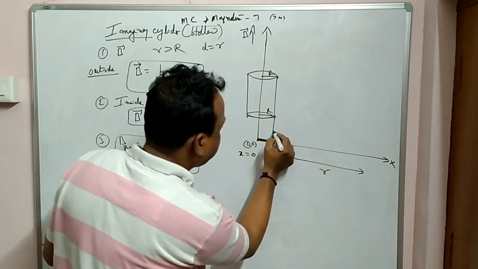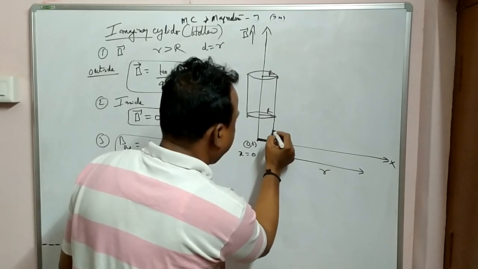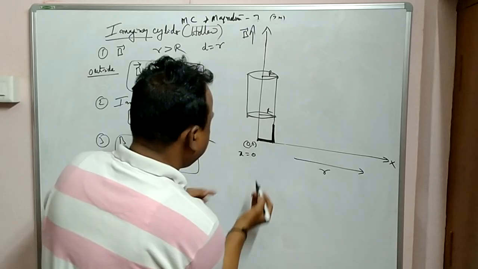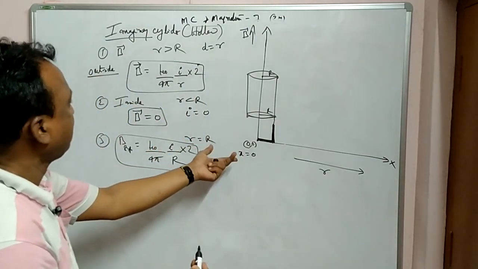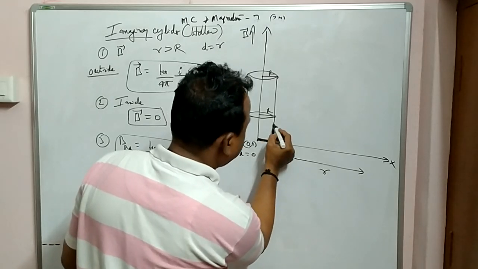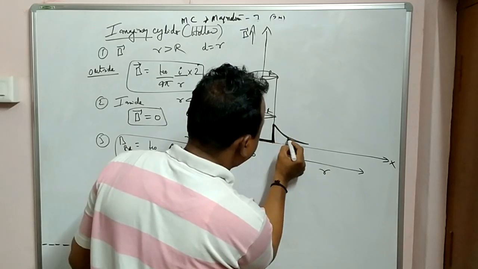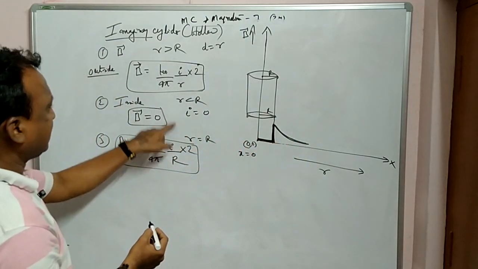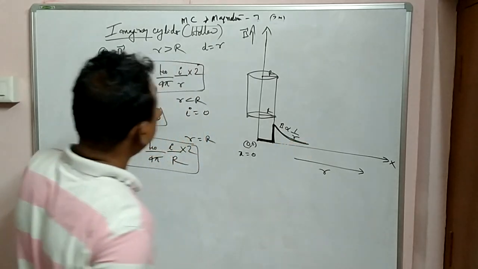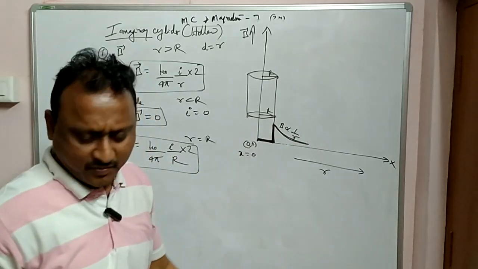Then gradually it is increasing. Inside it is 0; on the surface and outside, the same value. Again after that it is decreasing. You can see the magnetic field is inversely proportional to R. So first it is 0, then it rises, and again it is inversely proportional.